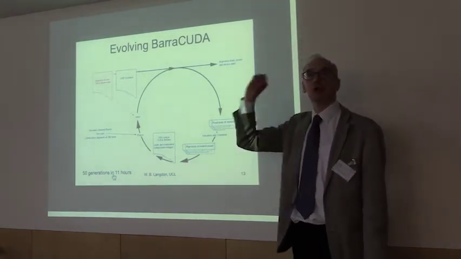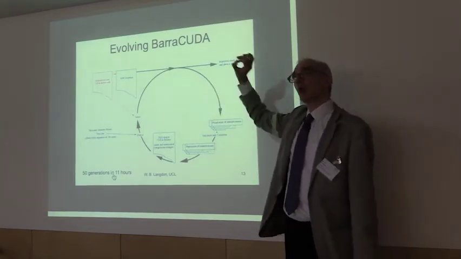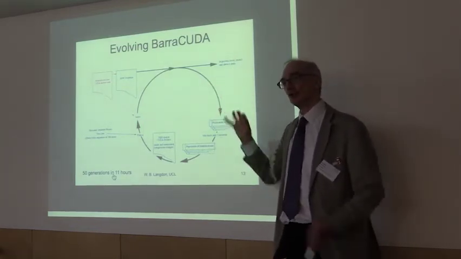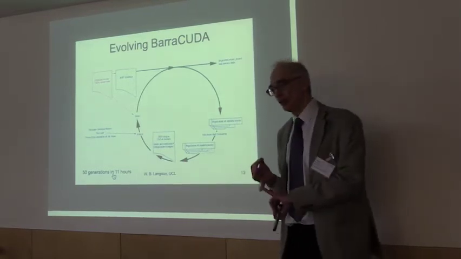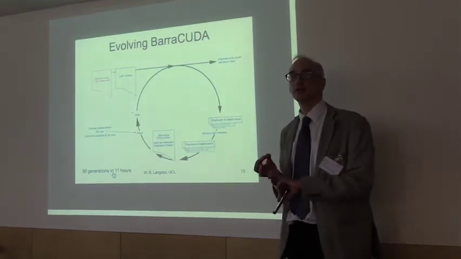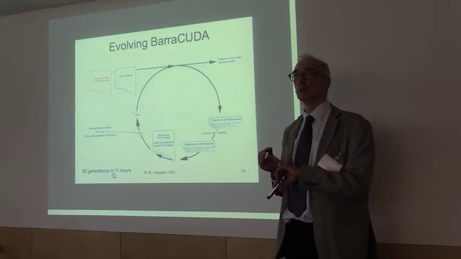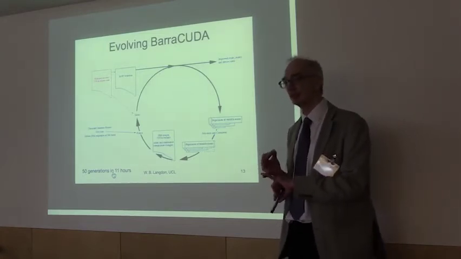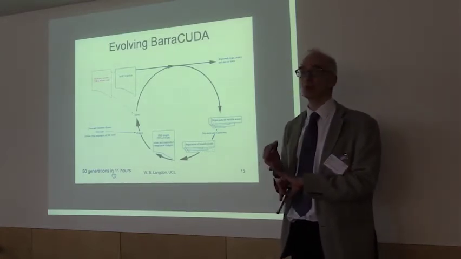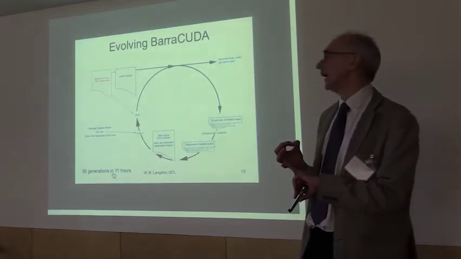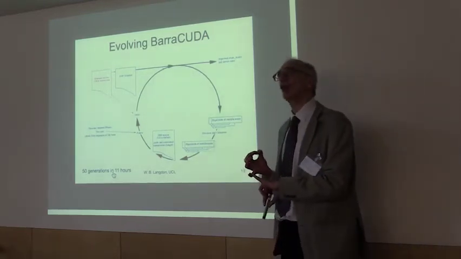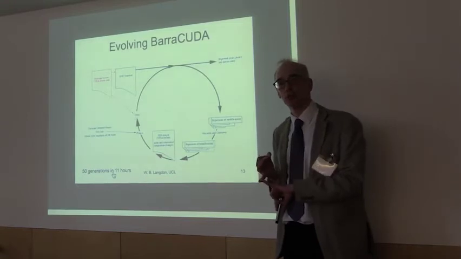Okay, so the question was about the grammar. What the grammar ensures is everybody will be a syntactically correct CUDA kernel. Syntactically correct doesn't guarantee that it will compile. In these experiments, almost all of them do compile.